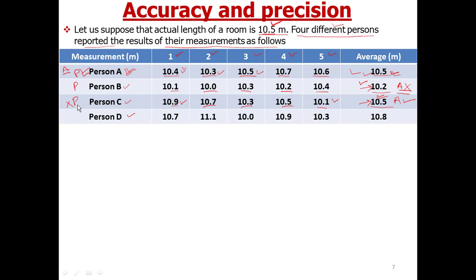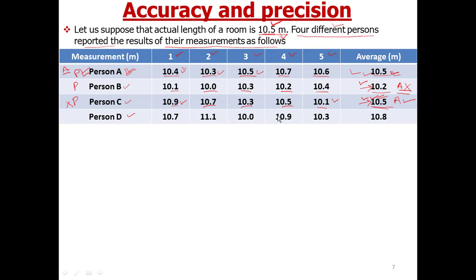Generally, for a measurement to be accurate, it has to be both precise as well as accurate. So this is just luck or chance. We can say that his average value came close to the real value, but we cannot say that a measurement which is not precise is accurate.